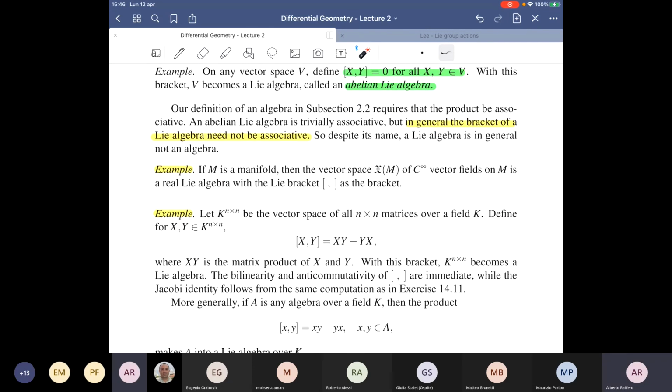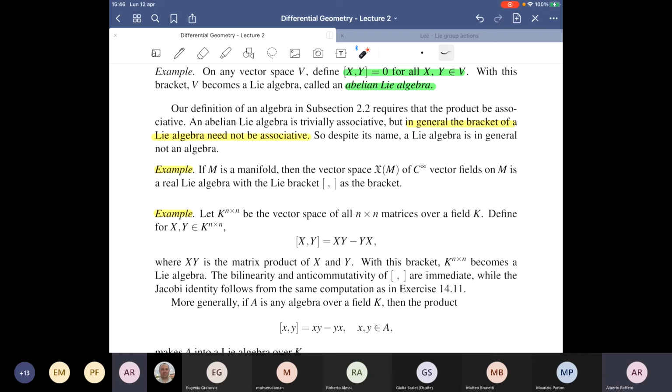Just a remark: the bracket of a Lie algebra does not need to be associative. So in this sense, a Lie algebra is not an algebra according to the definition you gave last time. If you remember, Maurizio at some point said that when you have a vector space, it may sometimes happen that you can define also a product between vectors.